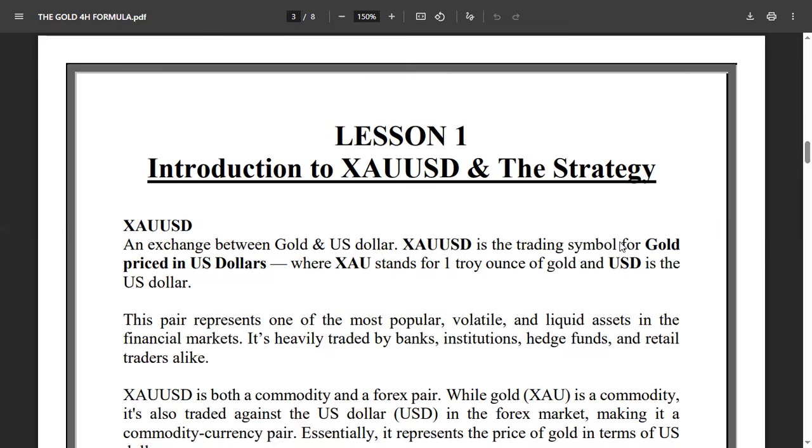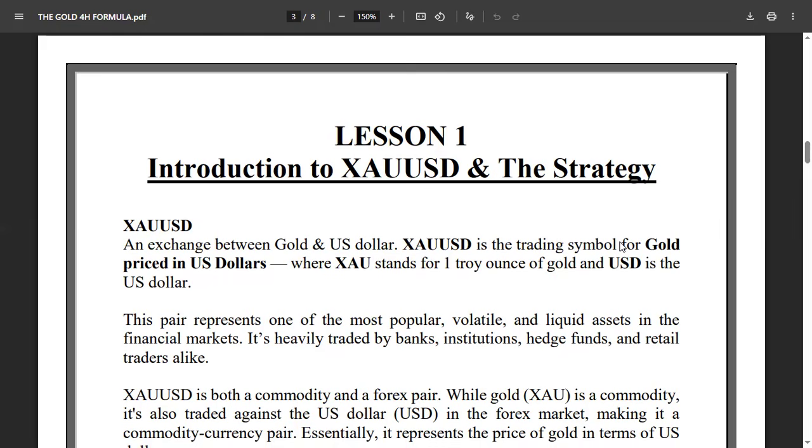So I need to teach you what's behind the market, what is making the so-called XAUUSD. Then after that, I'm going to teach you the strategy. So you'll be able to understand what is behind all these things. And you're going to use these techniques to also do research on any pair you're trading.